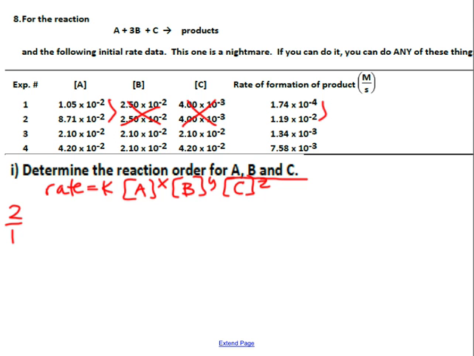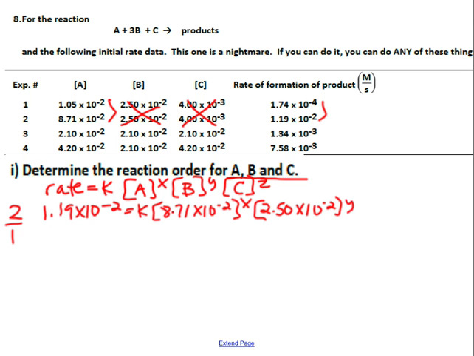So my rate of 2, here we go, 1.19 times 10 to the negative 2 is equal to k times 8.71 times 10 to the negative 2 to the x times 2.50 times 10 to the negative 2 to the y times 4.00 times 10 to the negative 3 to the z.